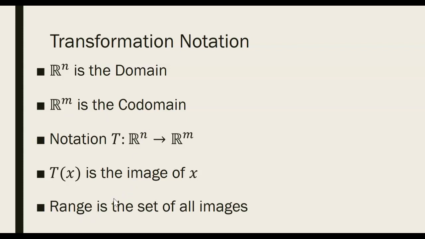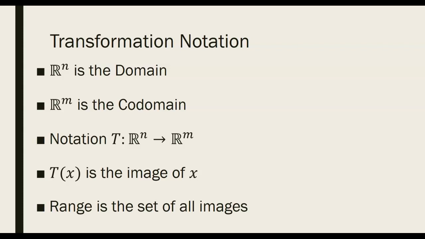The range. So the difference between the codomain and the range is sometimes you don't get every vector over here. And so the range is the set of vectors that are actually the outputs. And the outputs are what we call the images. So the output is also known as the image of x. So T of x is the image of x. Again, x is our input, T of x is our output.